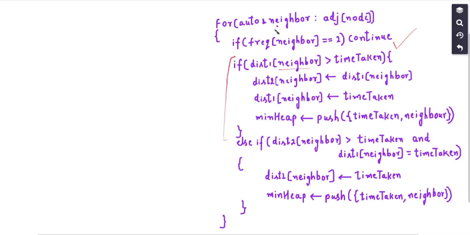time taken to reach the neighbor node is greater than the time taken that we have here. That means we have a scope of relaxation here. We can improve the time taken to reach this neighbor by replacing it with the time taken that we have here.